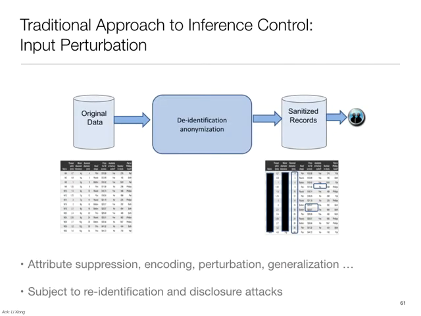So there are many different approaches to this whole game of perturbation in an attempt to exercise control over what can be inferred or not inferred. The idea is that I have original data and I'm subjecting it to this transformation process, and now what I get is the same data, but which has been sanitized in some shape and form.